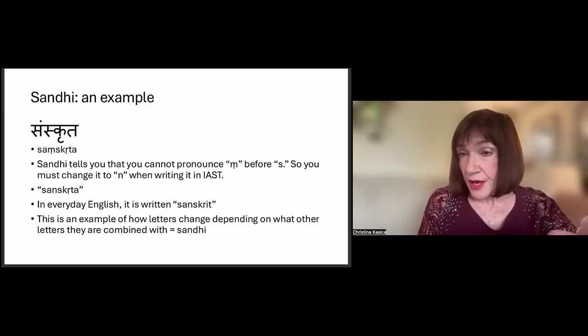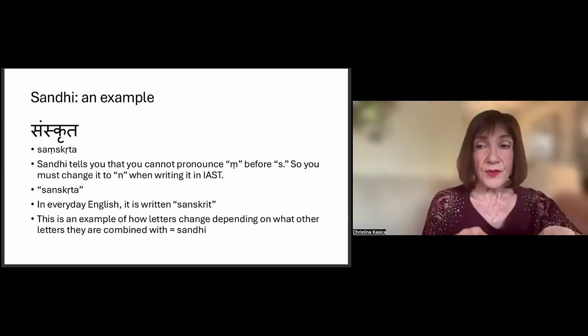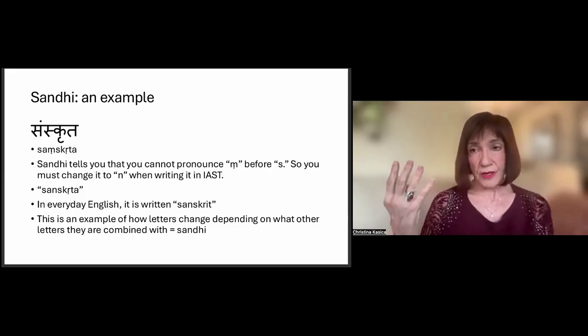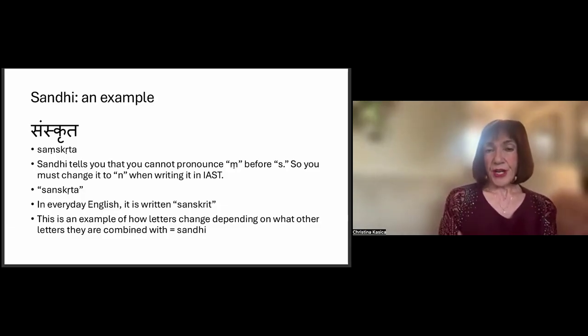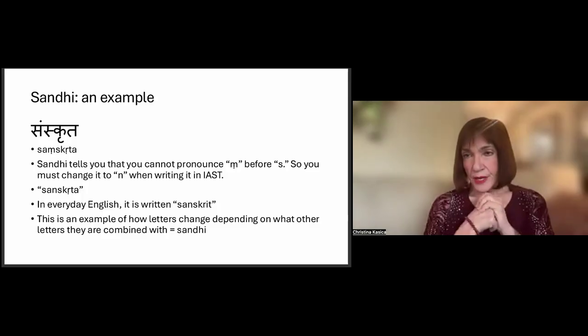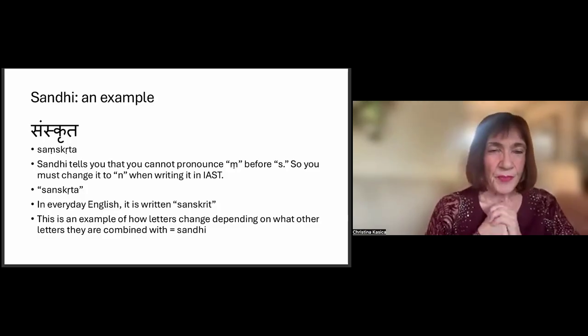And in samsara, it's the same, M to a dental sibilant, sa. So that dental nasal, instead of a ma, is a na, fourth varga na. And we know that one. So it's an example of how letters change depending on what other letters they are combined with. Okay, so that's just an introduction. We'll do more in, I think, 2 lessons from now.